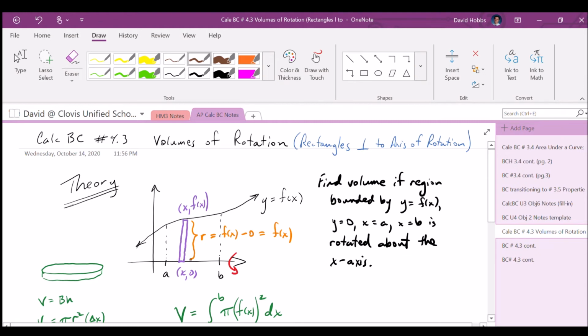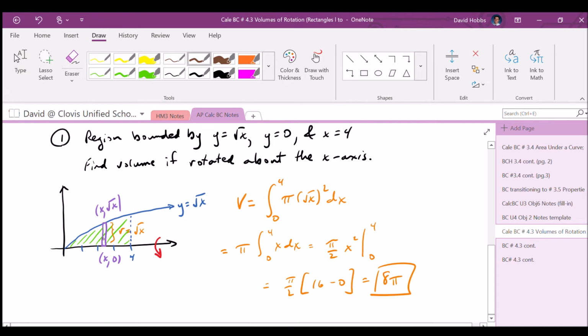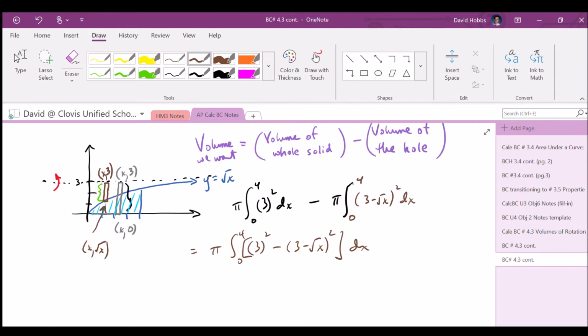Yes, we're touching the axis of rotation, but the whole rectangle is within the region that we're talking about as we go from 0 to 4. When we are doing this one, we have the end of the rectangle, and part of it is not in the region itself.